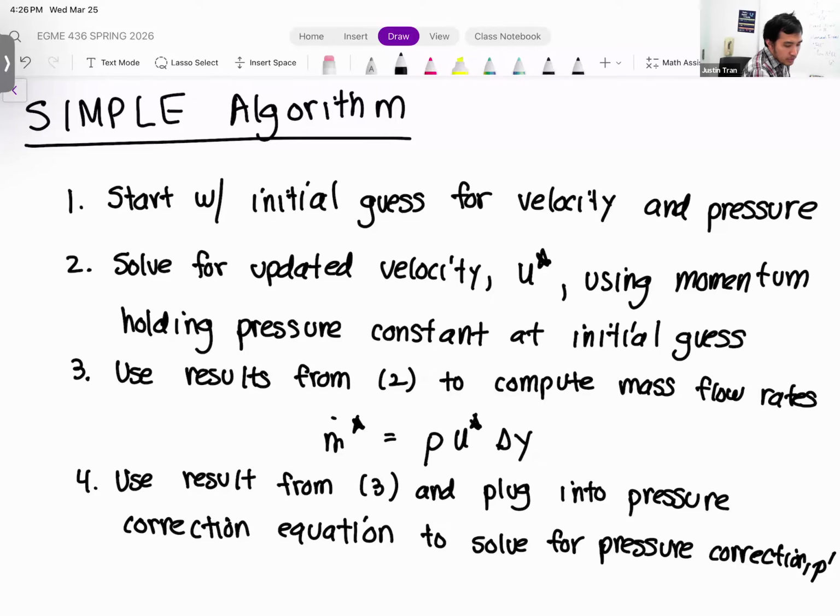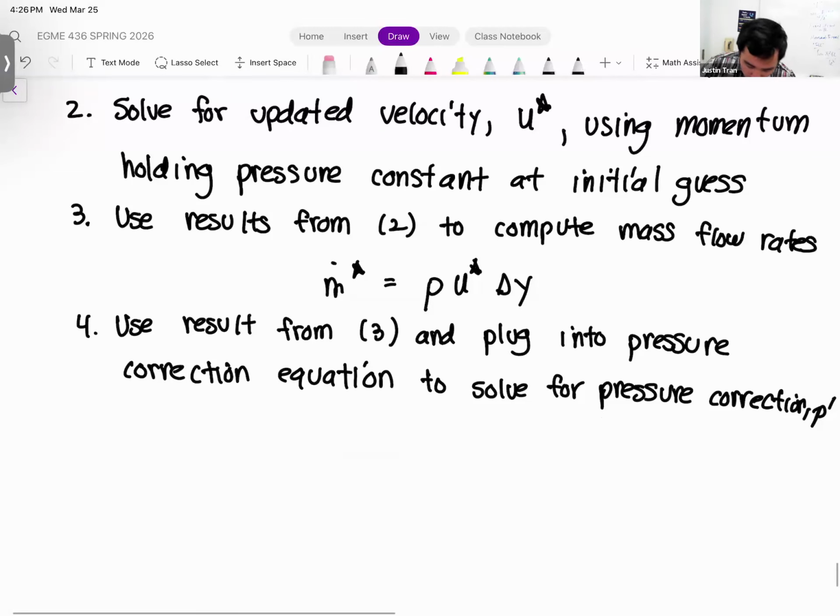Then once you have the pressure corrections, you can use them to compute the velocity corrections, for which you're going to use the momentum equation. So use the result from 4 and plug into momentum.